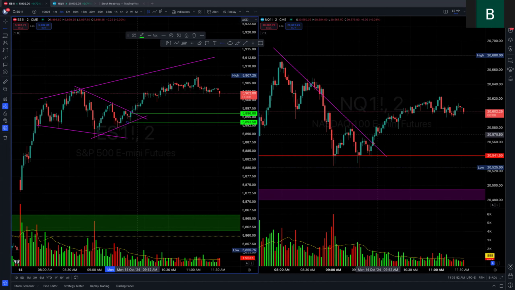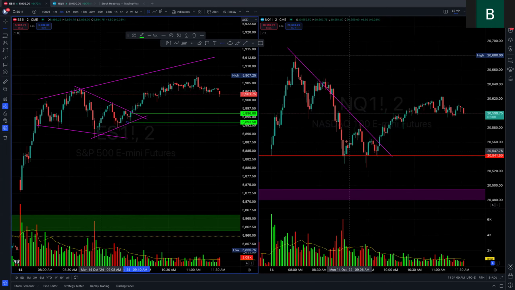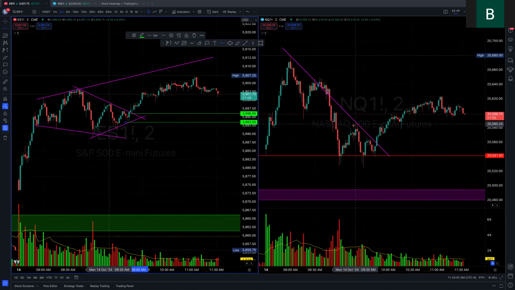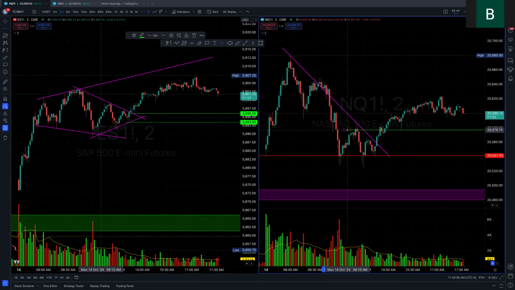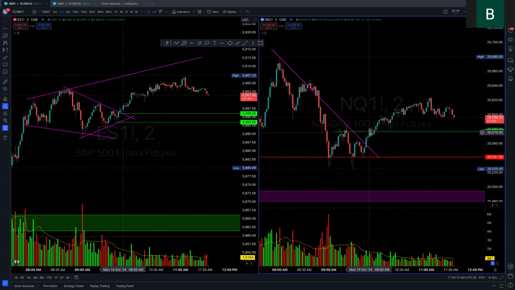And on NQ, considering how this move is so large and how price action developed here, I would probably wait for this breakout right here, for the break of this high right here. You could basically put your line of support or resistance here. Wait to see what price does here.